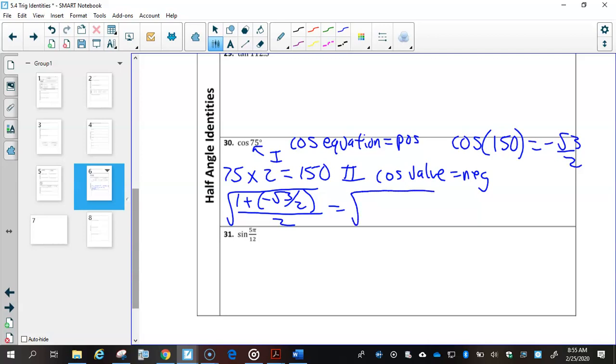So getting like fractions, that'd be 2 minus root 3 all over 2, all over 2. I can condense this by multiplying by the reciprocal. So 2 minus root 3 all over 4.